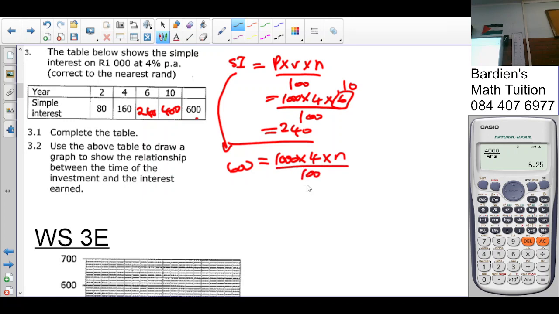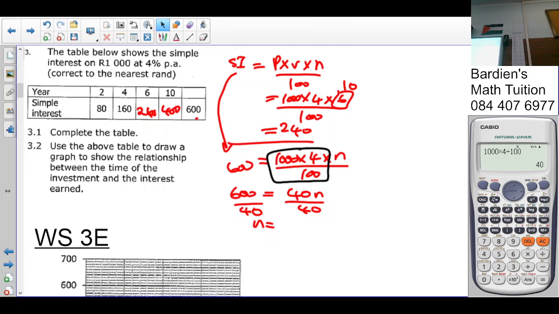So this part I can punch into the calculator. So 600 equals 1,000 times 4 divided by 100, and we get 40, yes, it's correct. 40n. Now what do I do? Divide by 40 on both sides. So n is equal to 15 years.